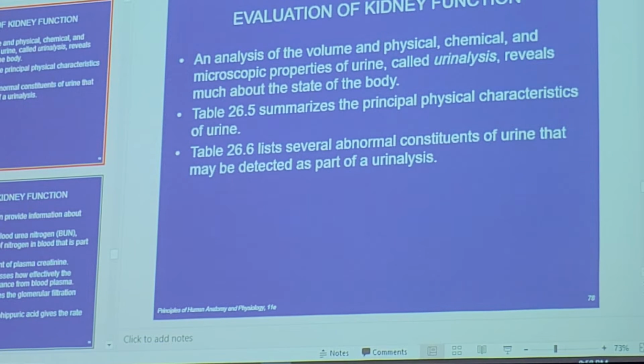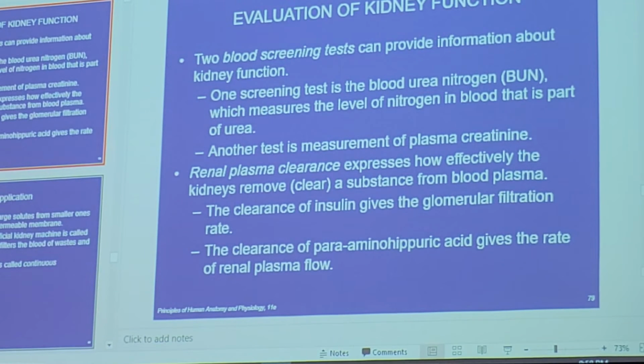When we are looking at kidney function, of course, we do the urinalysis. We talked about this earlier today, okay? We look at the different values: physical, chemical, and microscopic. We also do screenings, like BUN, which is basically looking at the nitrogen, the urea, in the blood.